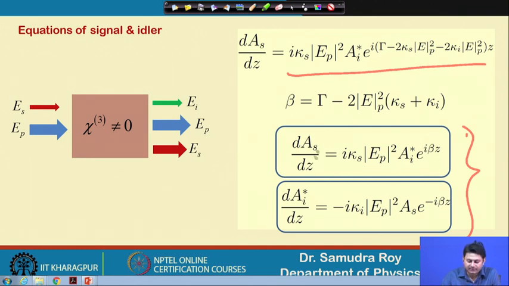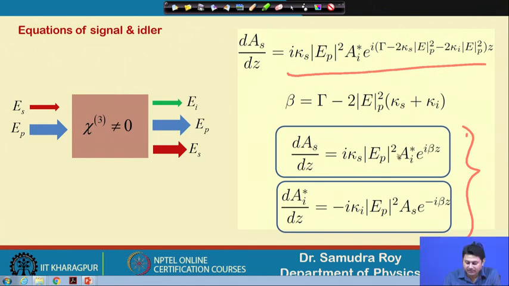So, now I write the differential equation for A s and A I with this particular form. This now allows us to solve. Now, we are in a position to solve this differential equation, and how do we solve this? This is the old kind of equation. We have solved this in the previous classes. So, we take the derivative on both sides of A s.